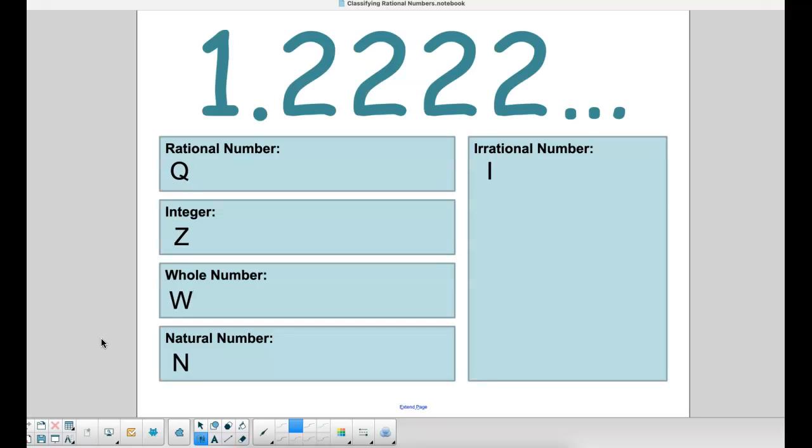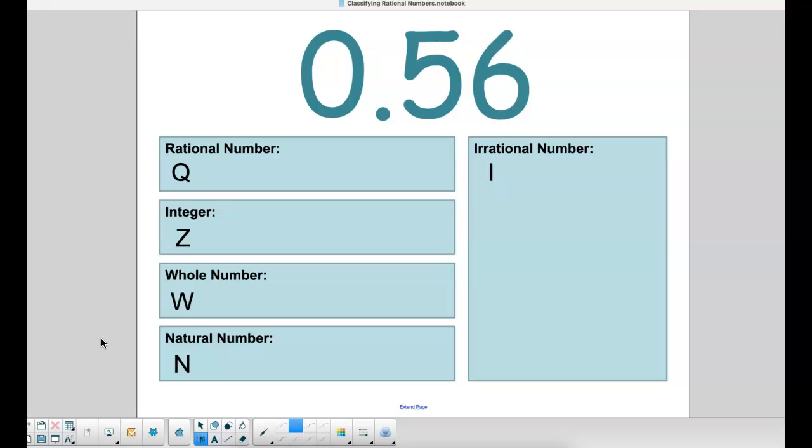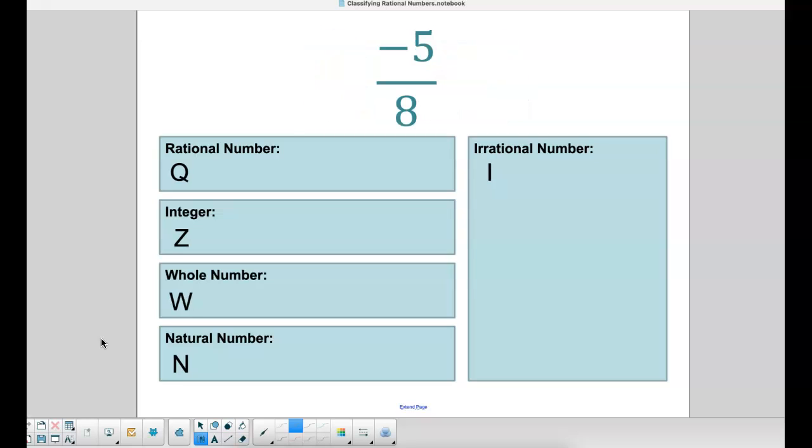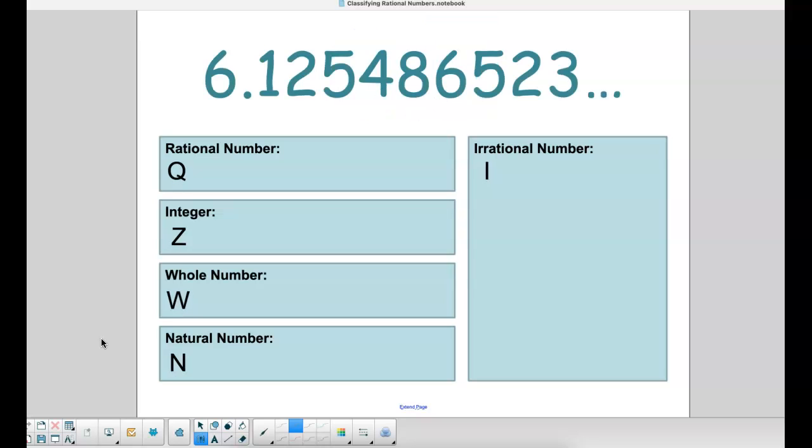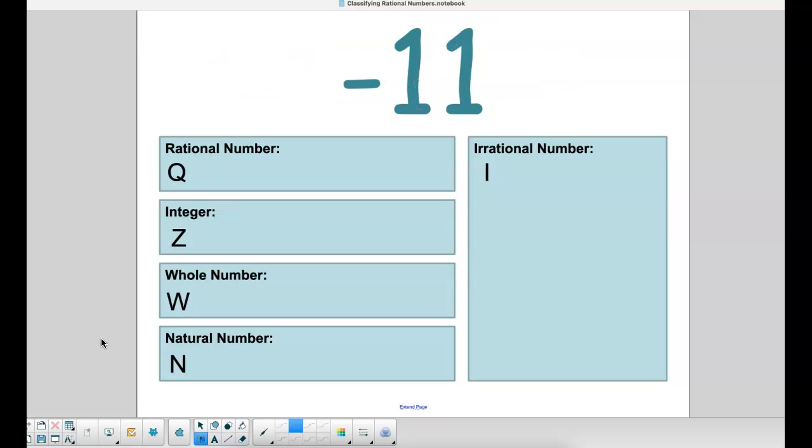Okay, so now let's go back. Hang on a second. I want to make sure I have all of mine. I'm going to tell you there should only be 2 numbers written in the irrational number section. If you have more than 2 numbers in irrational numbers, you have made some mistakes.